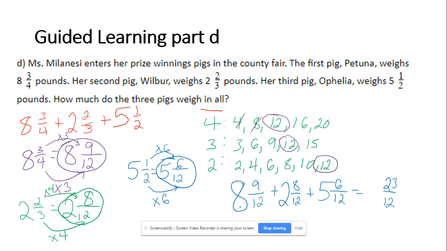Now let's add the whole numbers. 8 plus 2 is 10, plus 5 is 15. 15 and 23/12, which is equal to, well, I know 1 whole is 12/12, so I'm going to have that as 16. And now I'm at 12/12. I need 11 more to get to 23/12. So now we have 16 and 11/12.